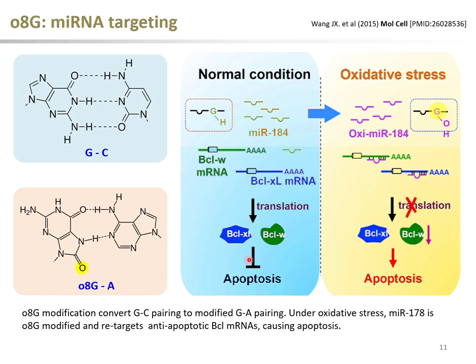In the case of microRNA miR-184, under oxidative stress, the 8oxoG-modified miR-184 acquires new anti-apoptotic BCL-XL and BCL-W mRNA targets, represses their translation, and promotes apoptosis.